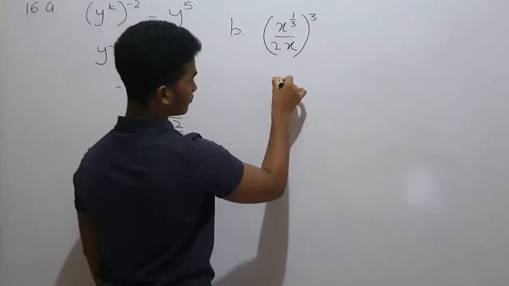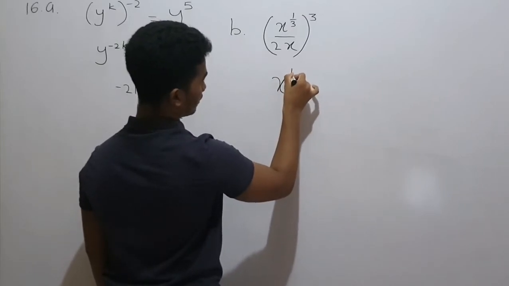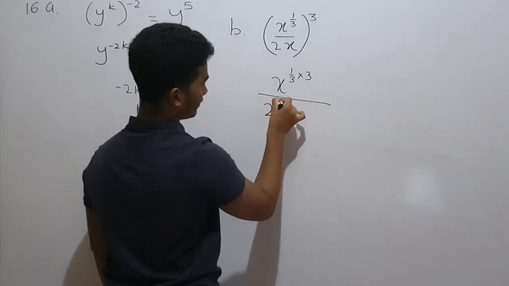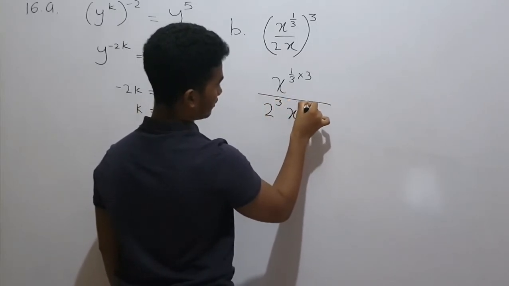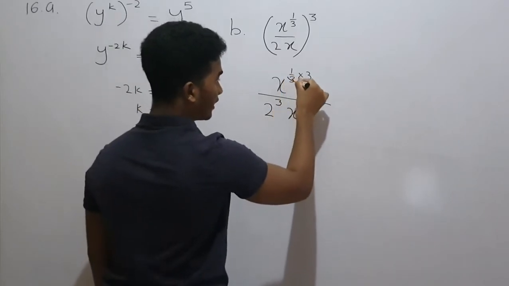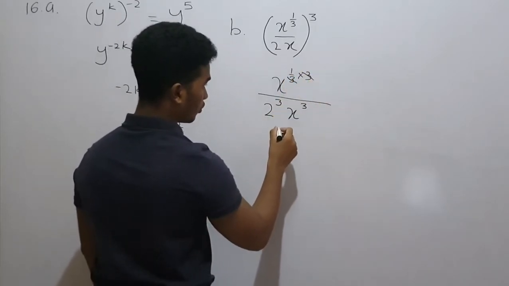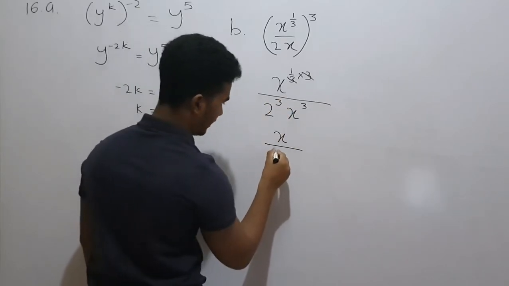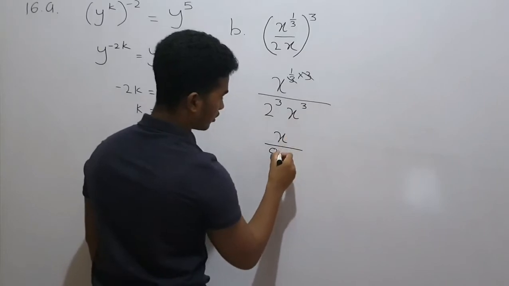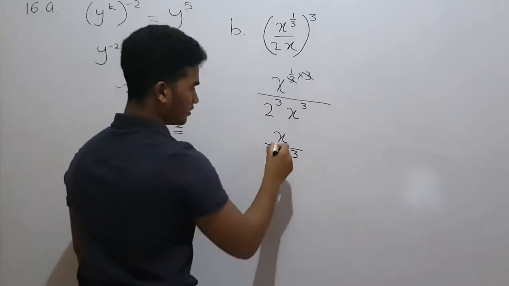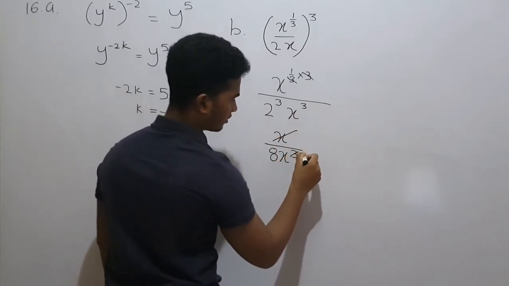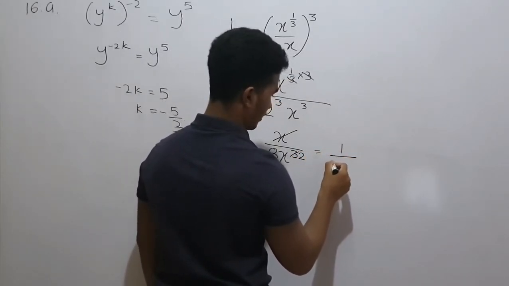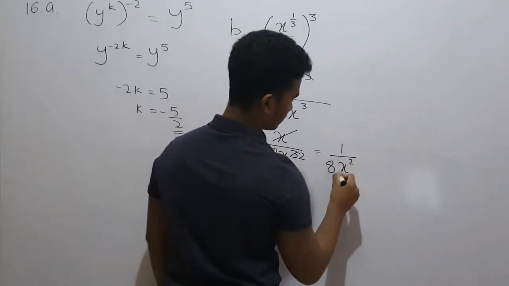So we'll multiply 1 over 3 into 3. 2 to the power 3, x to the power 3. This 3 and this 3 will get cancelled. So x over 2 to the power 3 is 8, x cube. This x and 1x from here will get cancelled, so x squared. So your final answer would be 1 over 8 x square.